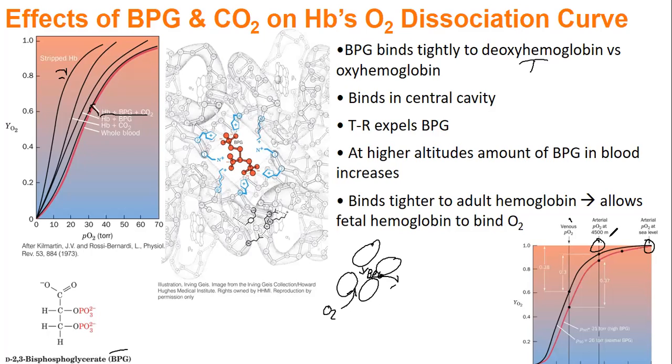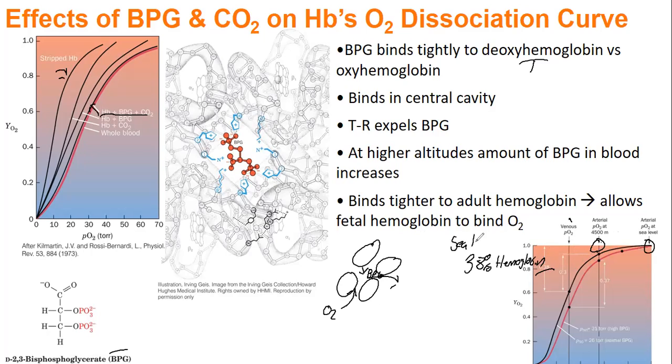So when you go to high altitudes, that's the word I was looking for. Let's say you fly to Denver tomorrow. Normally at sea level, 38% of your hemoglobin delivers oxygen from your lungs to your cells.